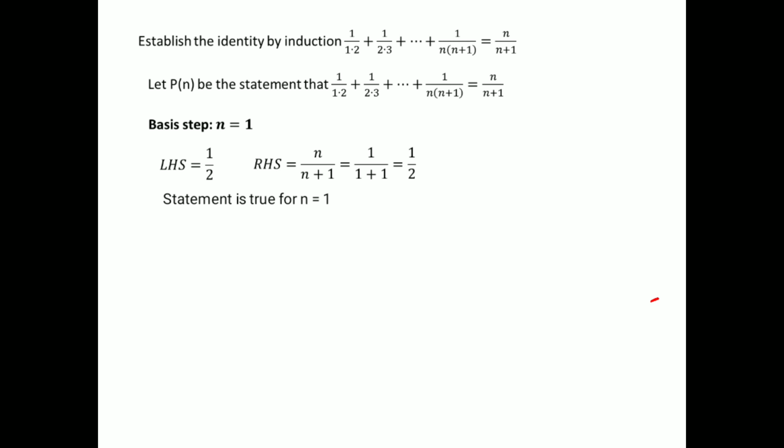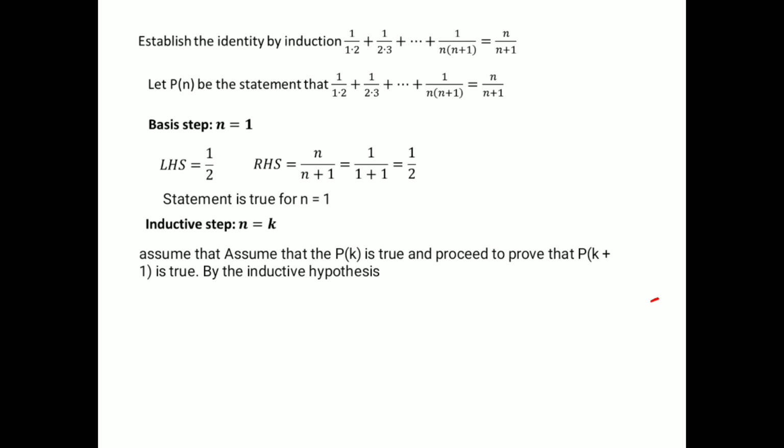Now we move to the inductive step, which means n equal to k. We are going to assume that Pk is true and proceed to prove that Pk plus 1 is true. So by the inductive hypothesis, I have the same statement, but n has now been replaced with k.